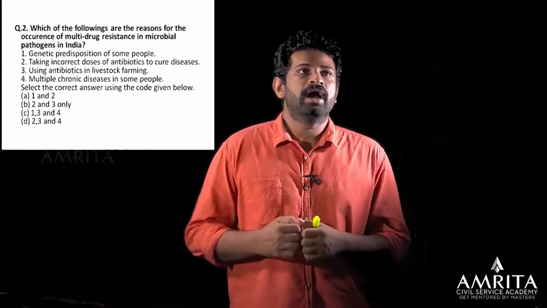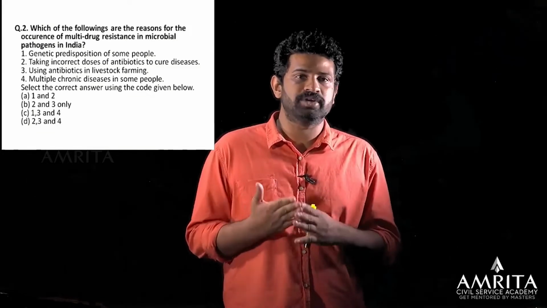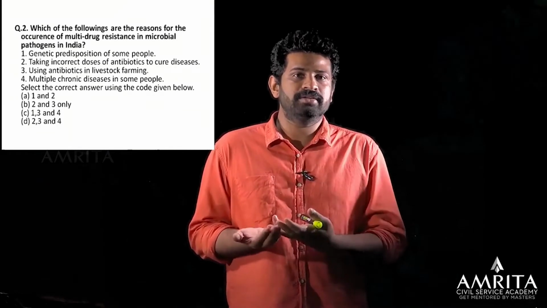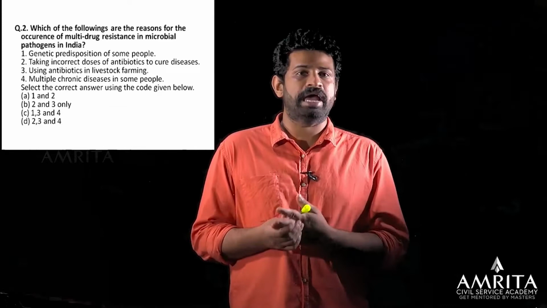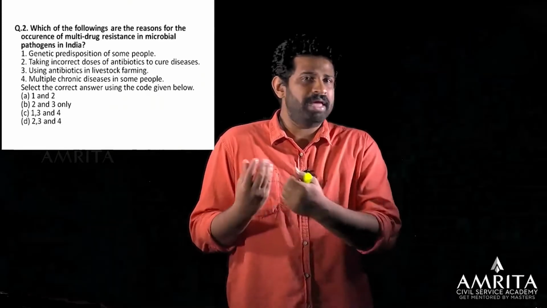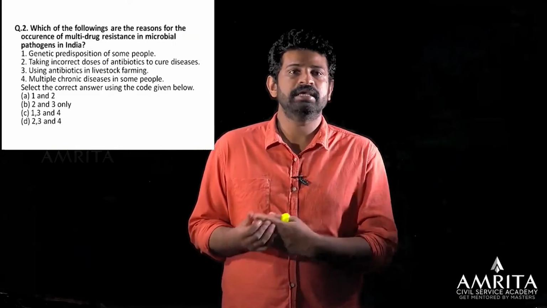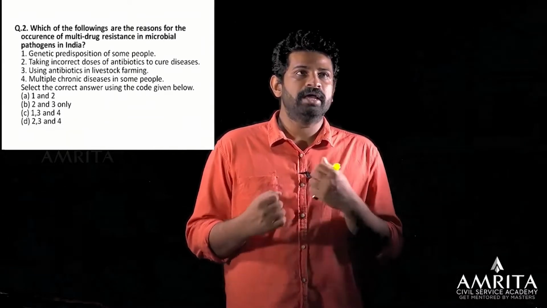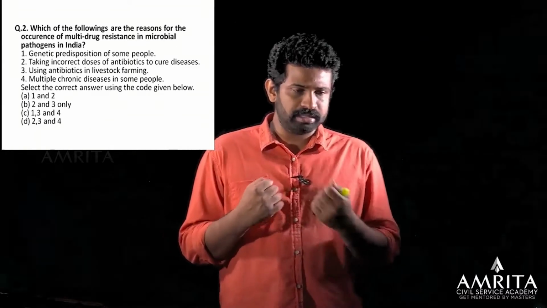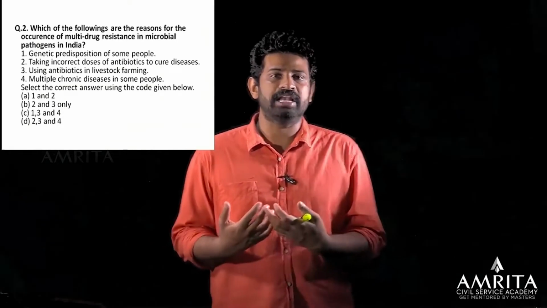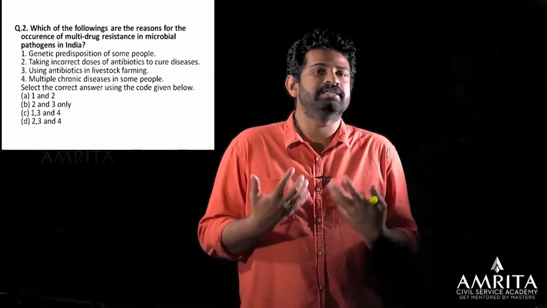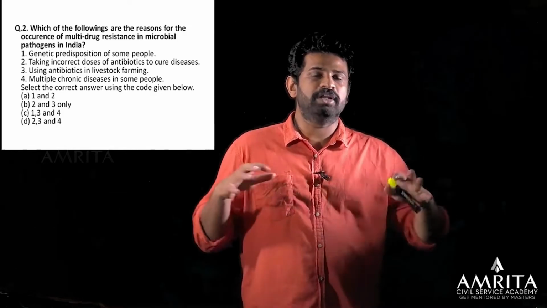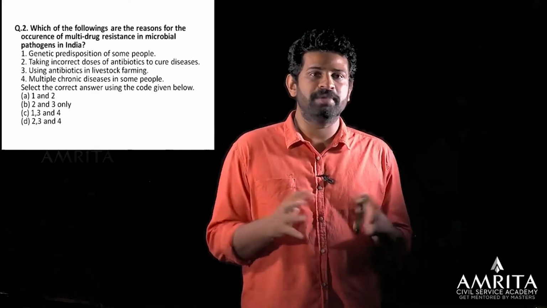We know that the biggest reason for multi-drug resistance is the reckless or misguided use of antibiotics, maybe for smaller diseases, or maybe you might not complete the entire course. The pathogens get exposed to these antibiotics, and they eventually build immunity, and eventually most of the normal antibiotics won't be functional.